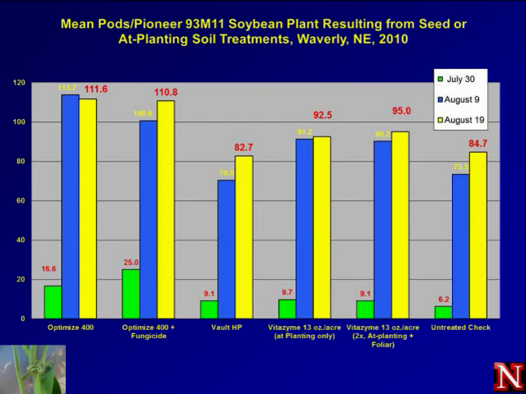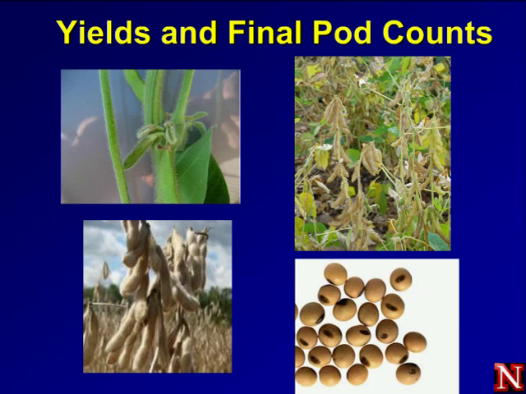We were getting very excited, and even 10 days later, on the 19th of August, we were still seeing about 25 pods a plant more. This meant a great chance for increasing yields. So, we were looking forward to harvest with great anticipation. We were looking forward to some big differences in yields and final pod counts. What were we going to see?